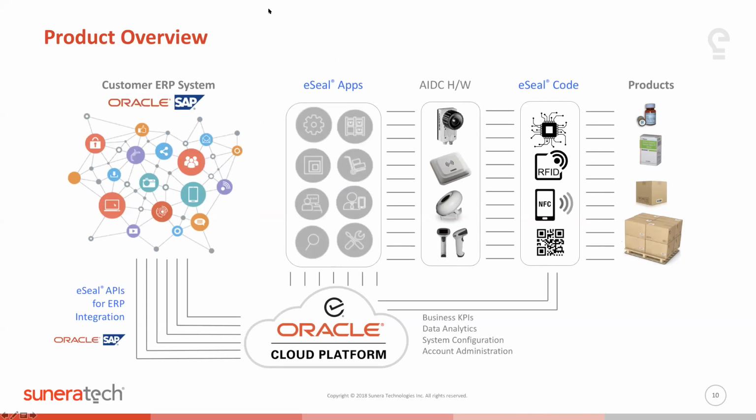The ADC technology is in turn controlled by eSeal client apps, which are installed on scanners, handheld terminals, high-speed camera systems, computers, laptops, and desktops used on your production floor and in your warehouse locations. These apps are used by the people managing your production floor, quality control, warehouses, and distribution centers.